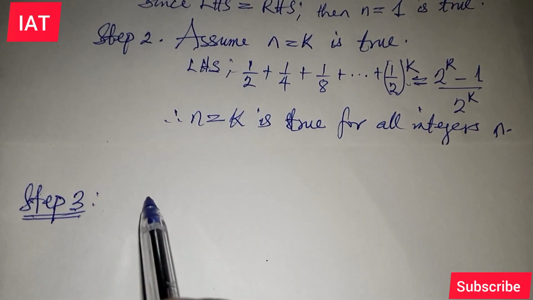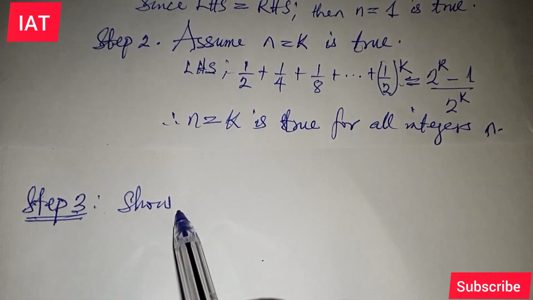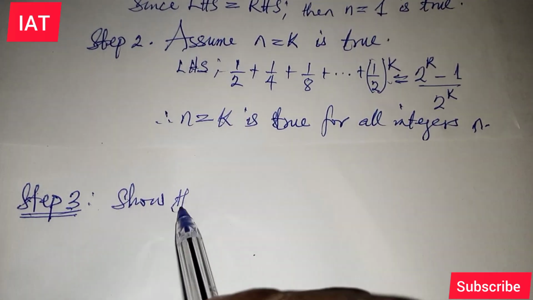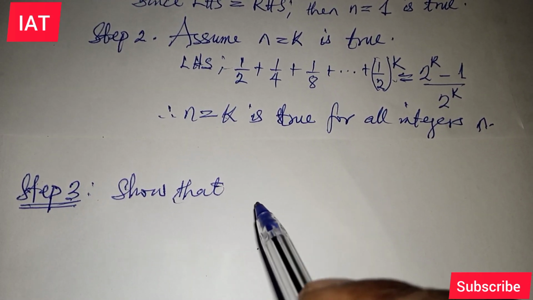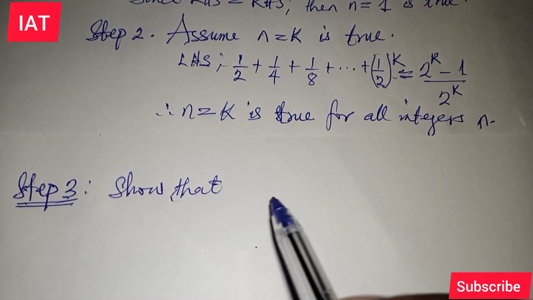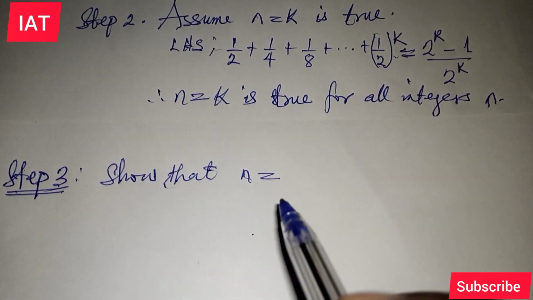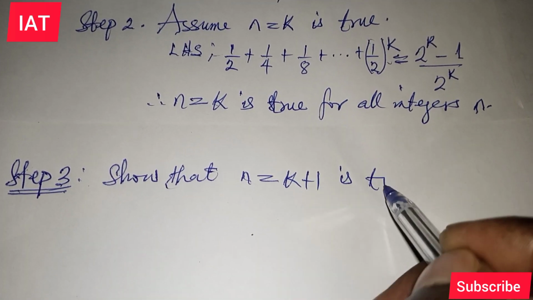I've always told you that if you're having a big challenge with the problem we are solving, you could use the link in the description to check the first, second, third videos. That way you have a better understanding of the concept. So here we want to show that n equal to k plus 1 is true.